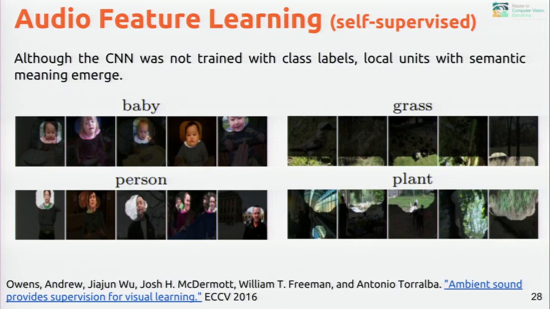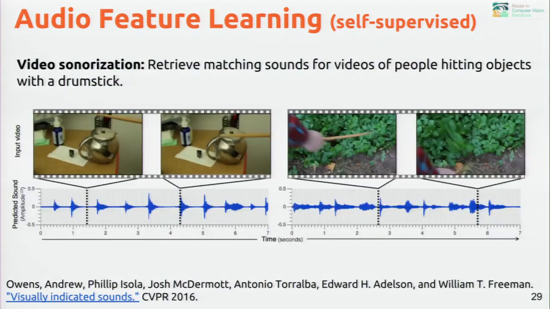Everything is self-supervised, okay? But they observed that high activation for some filters was coherent from the semantics perspective. So one neuron was giving high activation for babies, and you can even weakly localize the baby on the frame. Everything trained self-supervised, no manual labels.